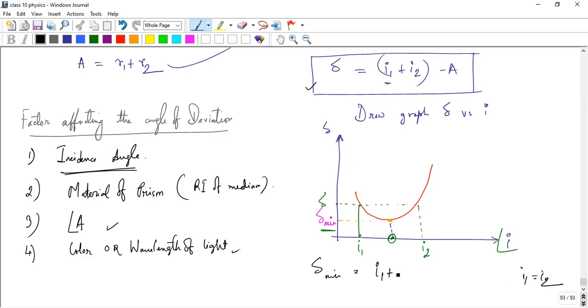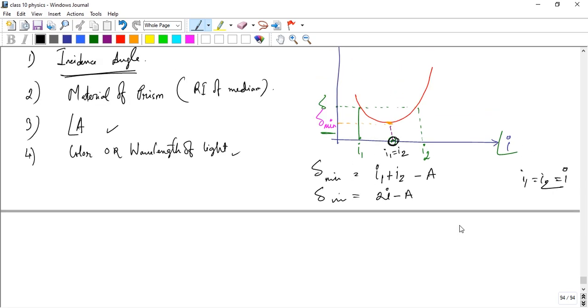I1 plus I2 minus A, here I1 and I2 I'll call I, that is 2I minus A, the delta minimum. So here I1 equal to I2, that is the minimum deviation. You see in the diagram I1 equal to I2, so I plus I, that is 2I minus A. That is the minimum deviation here.